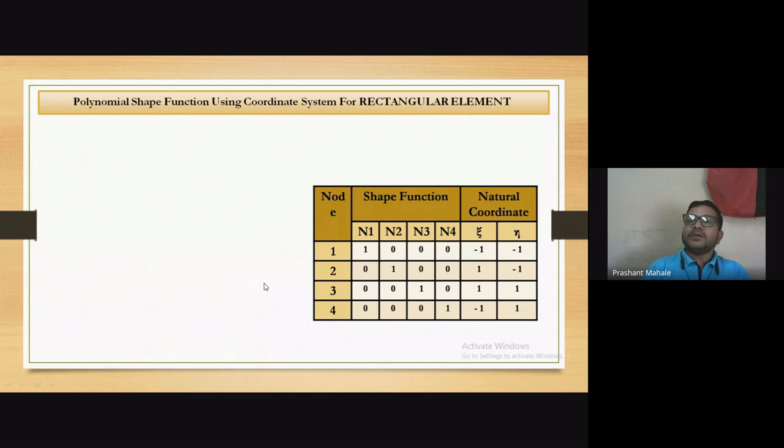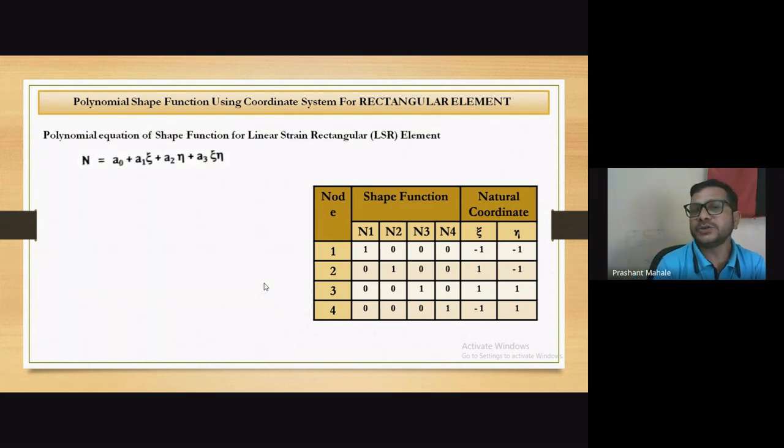Anyway, still learn that and be prepared, because the numerical problems are going to be faced on the basis of this concept in the coming units, maybe in unit 3, 4, 5, depending on which concept is in which unit. So understand these basic fundamentals also. Let us go for the derivation.